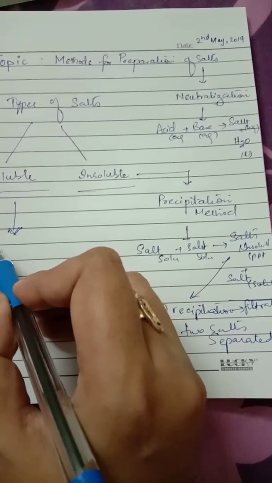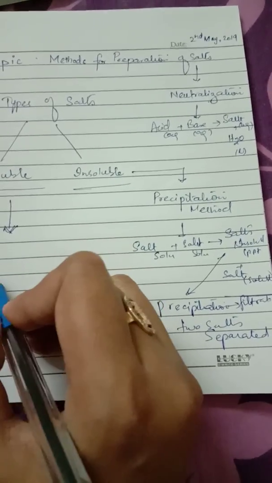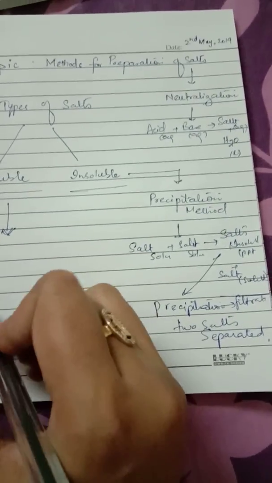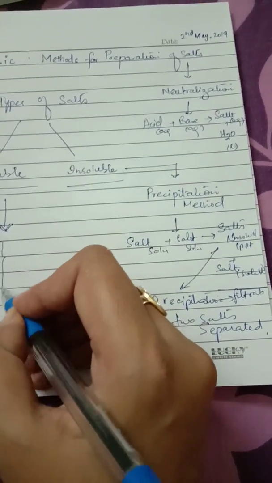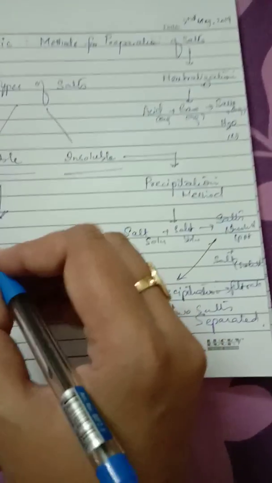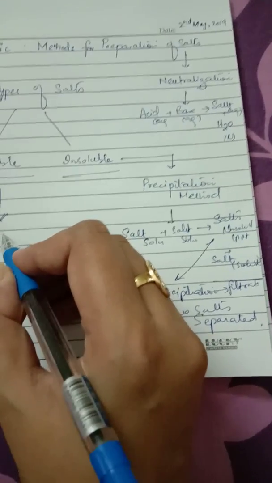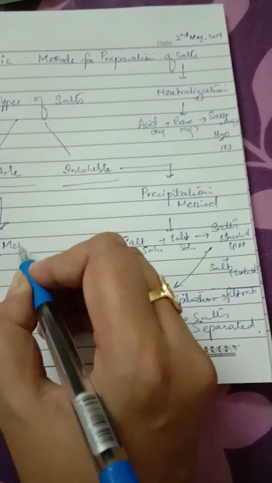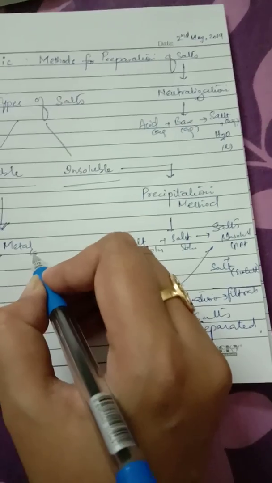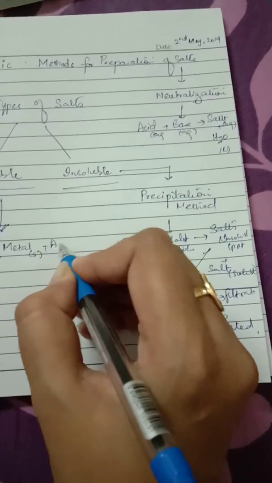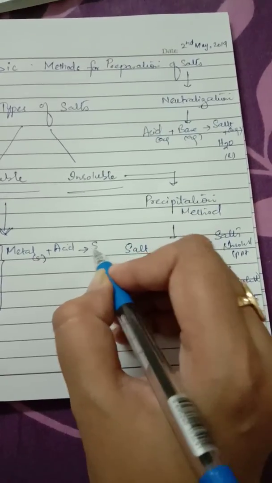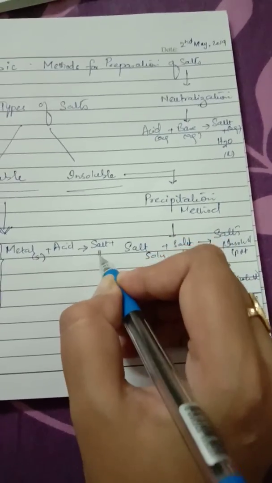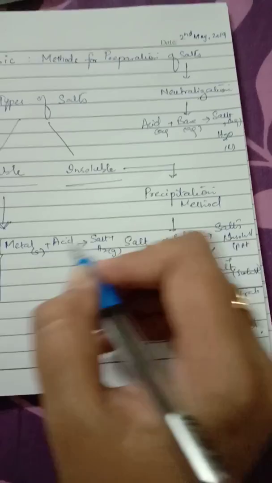For the first three methods, the same experimental techniques are applied. First, we can react an insoluble solid metal with an acid. That will give us a salt, and hydrogen gas is released.